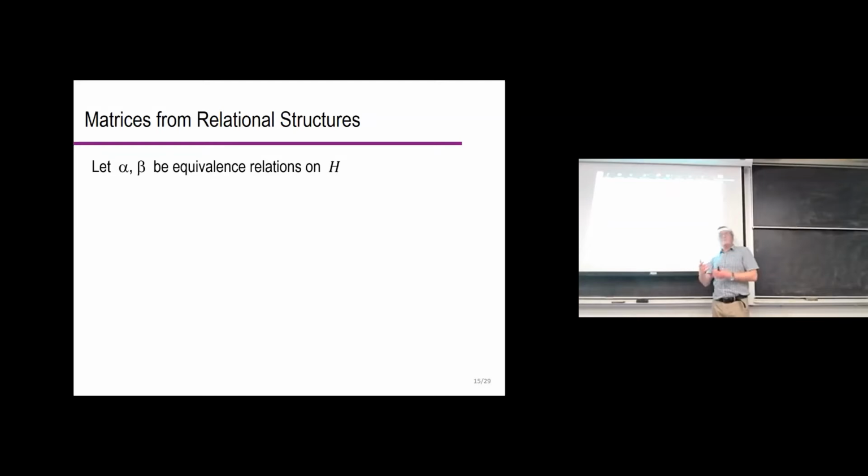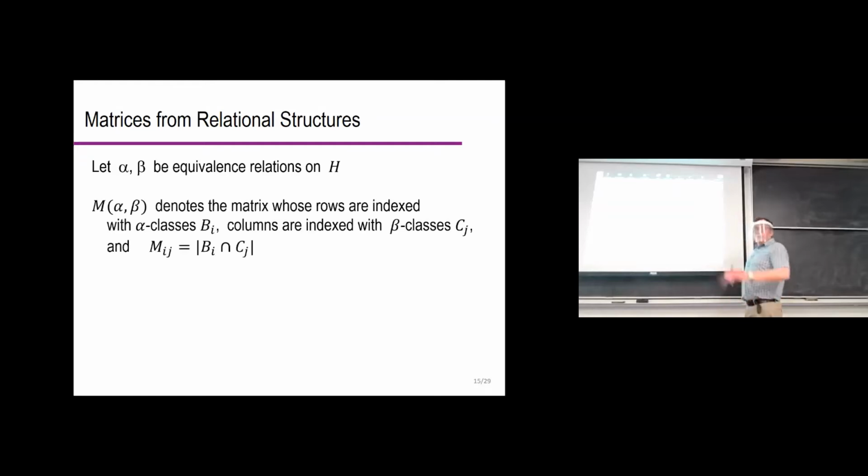In that graph, both of those relations happen to be equivalence relations. Every vertex in the middle had only one out neighbor and only one in neighbor. So in that case, it would be just an equivalence relation. So let's talk about equivalence relations. Suppose we have two equivalence relations now on the same set, like vertices, for instance. Then I will use those relations to construct a matrix again.